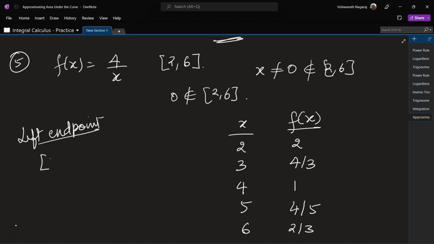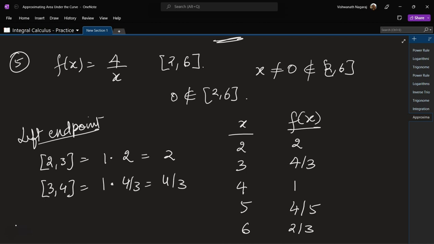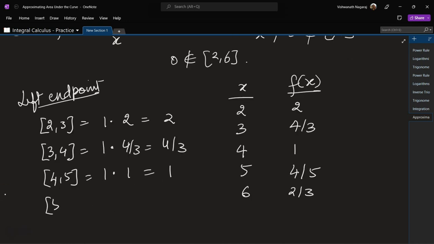Okay. So 2 to 3 would be, width is 1 times 2. 3 to 4 would be 1 times 4 by 3, which is 4 by 3. 4 to 5, 1 times 1, which is 1. And 5 to 6 will be 1 times 4 by 5.